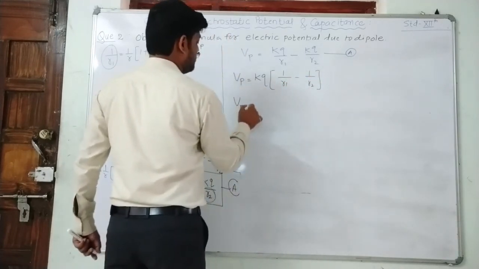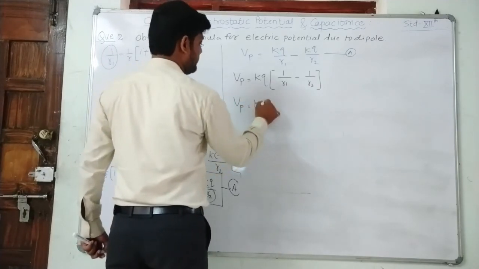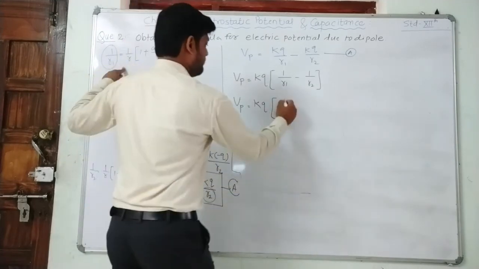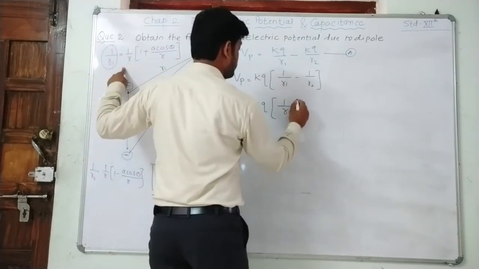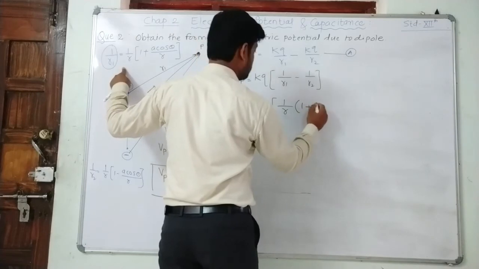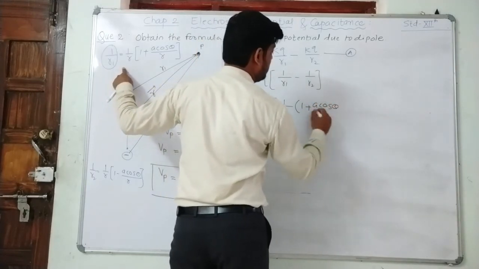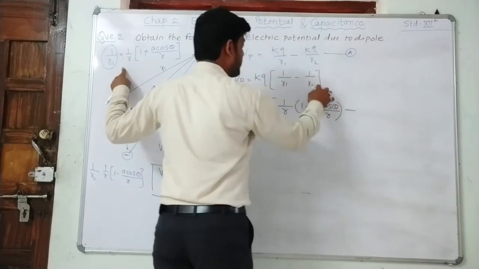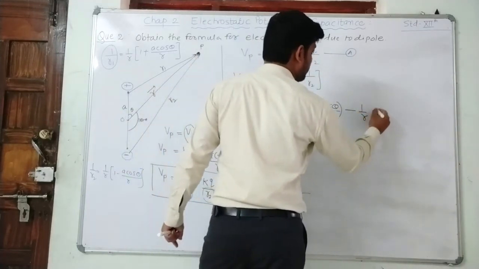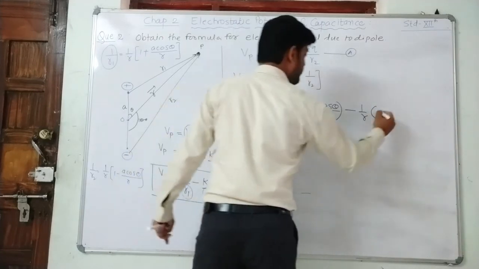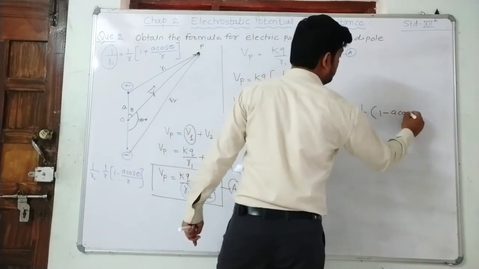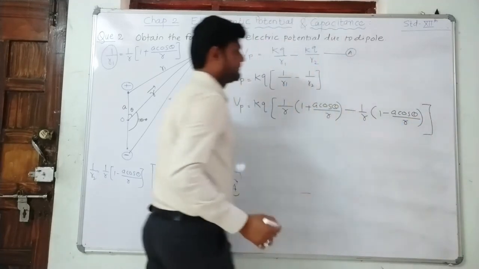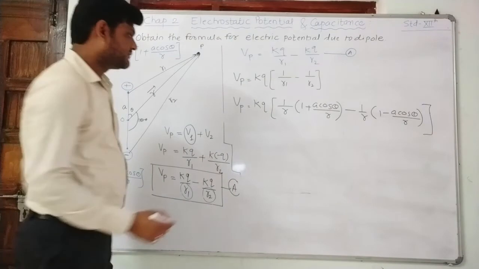Vp equal to potential at point P. K, Q remain as they are. The value of 1 by R1 is 1 by R in the bracket 1 plus A cos theta by R. This minus 1 by R2, equal to 1 by R in the bracket 1 minus A cos theta by R. Bracket complete. Correct?